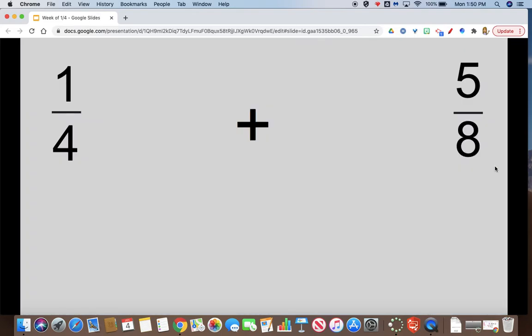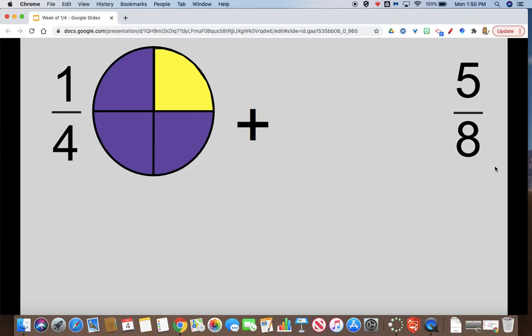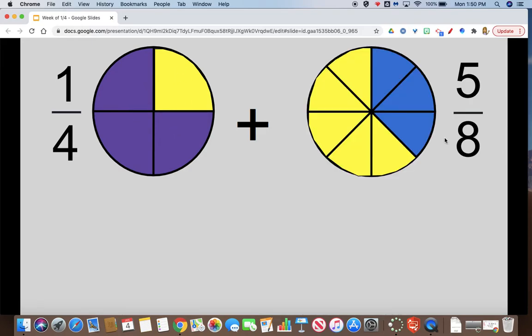So we have 1/4 and 5/8 cups of different types of berries. If we look at a visual of 1/4, we see the yellow one piece shaded in for the 4 total parts. If we think about 5/8, we have 5 yellow shaded in out of the 8 total parts.